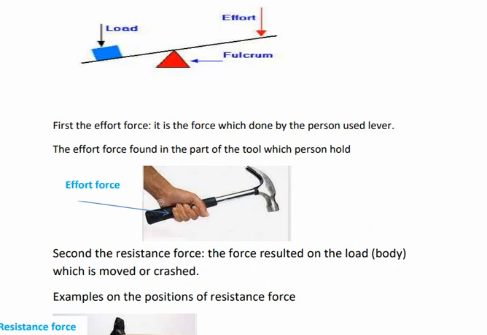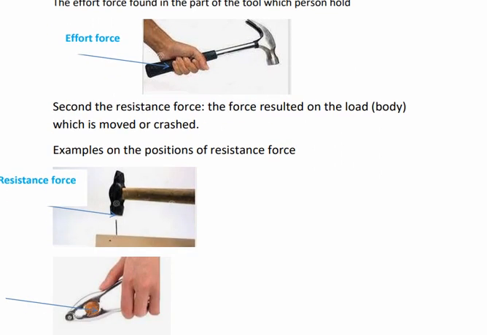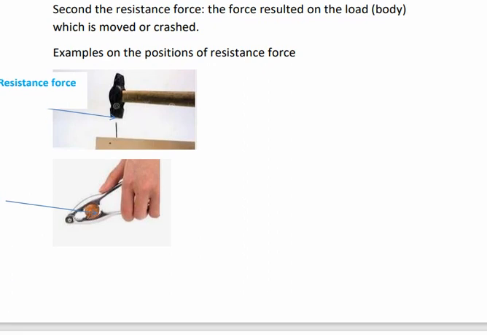Second, the resistance force. The force resulting on the load or body which is moved or crushed. Examples of the position of the resistance force: in the image in front of you, there is a hammer hammering a nail. The part of the hammer which hits the nail expresses the resistance force. In the image below it, there is a nutcracker.